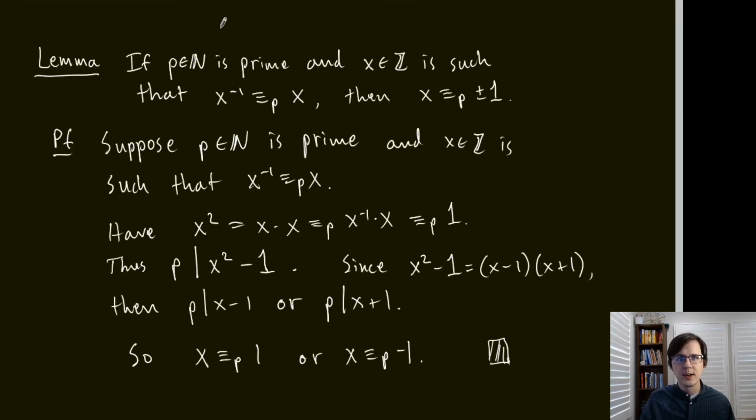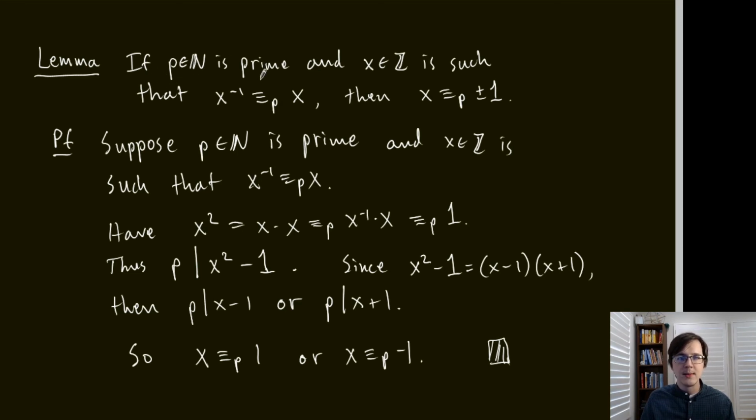We need one more ingredient to be able to prove Wilson's theorem, and that is that all those inner numbers in the factorial are not inverses of themselves. We want them to come in pairs without pairs of 1. So here's a lemma.